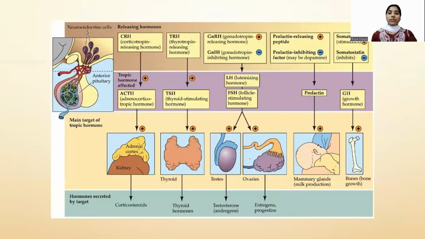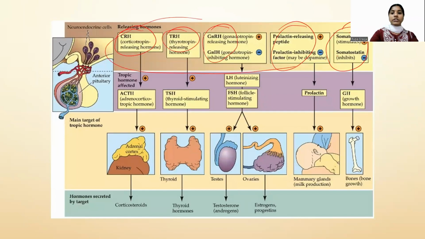These are a few of the hormones that are released in our body, like corticotropin releasing hormone, thyrotropin releasing hormone, gonadotropin releasing and inhibiting, prolactin releasing and inhibiting. Somatocrinin and somatostatin are related to growth hormone. These hormones stimulate the release of stimulatory hormones or tropic hormones.